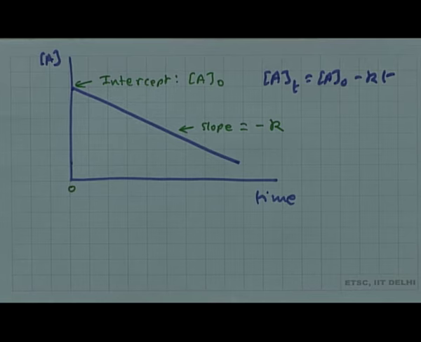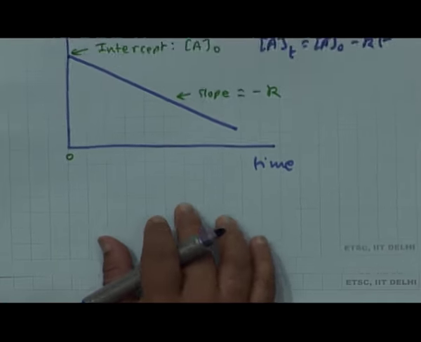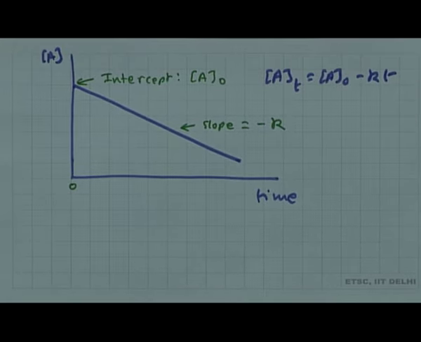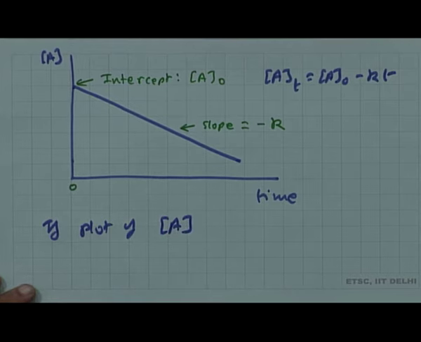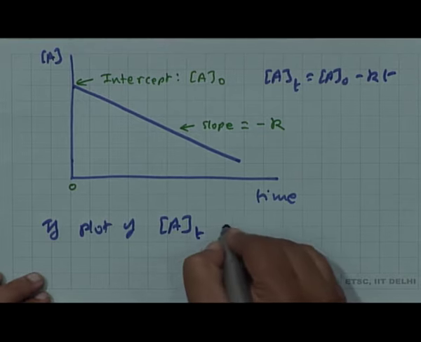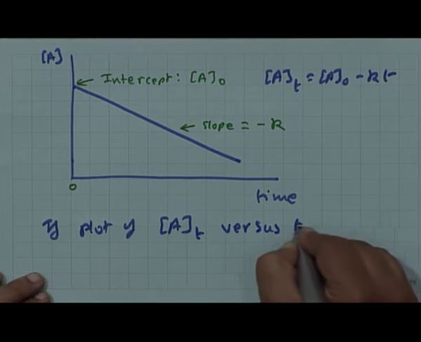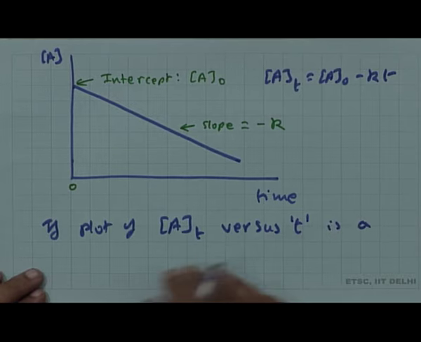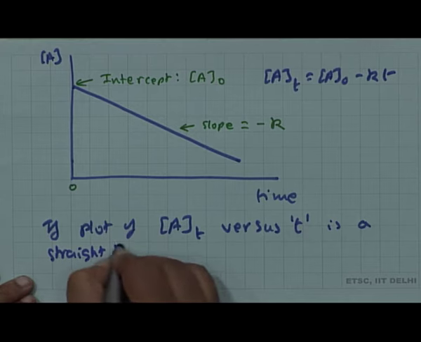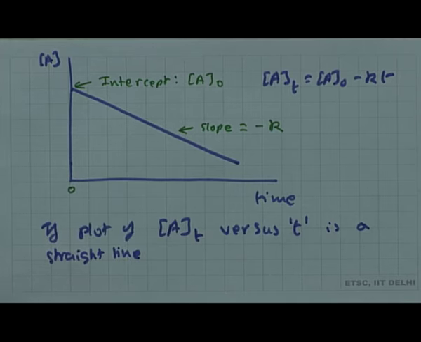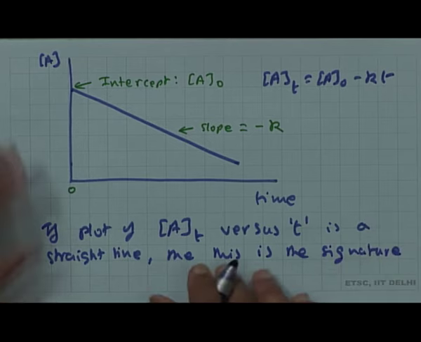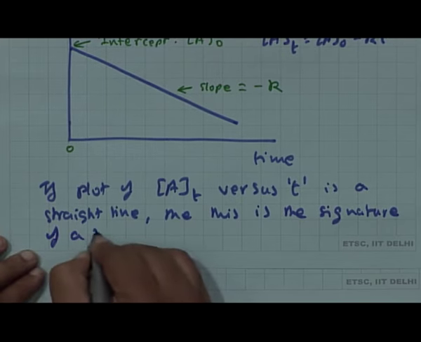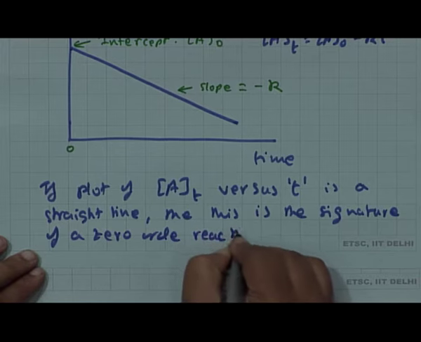And one more important thing is that for a reaction, if this profile is maintained, that means if the plot of the concentration of A versus time t is a straight line, as we see, with a negative slope, then this is the signature of a 0 order reaction, okay.